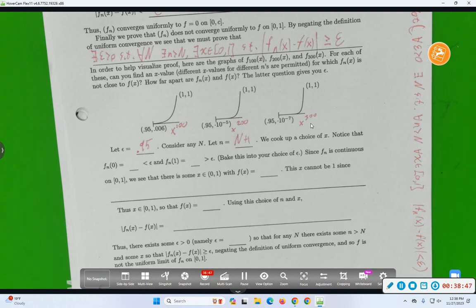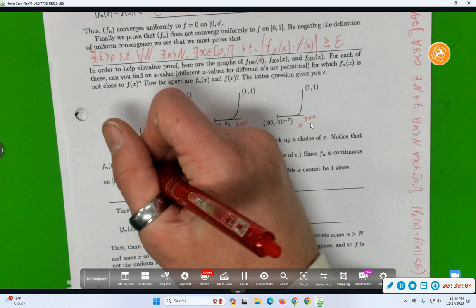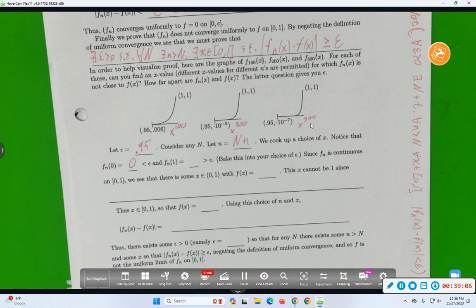Is there an input where x to the n is less than 0.95? What input are you thinking of? 0. Yeah, I guess you better be thinking of 0. That's less than epsilon. What's f sub n of 1? 1.